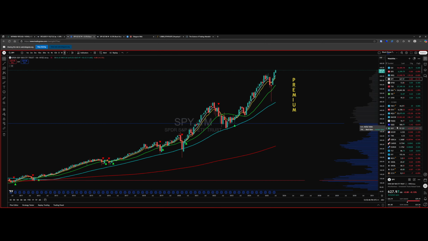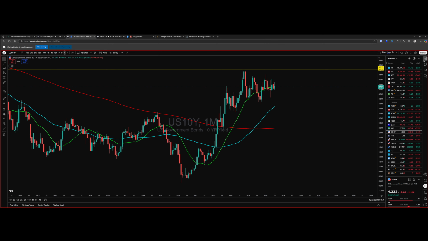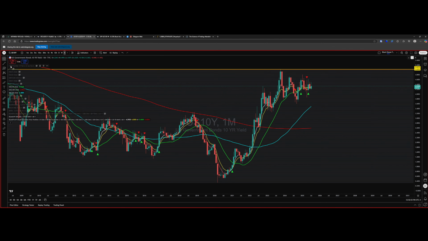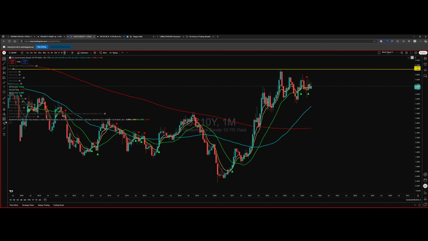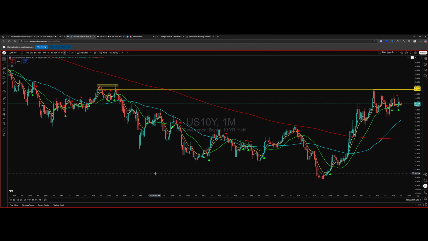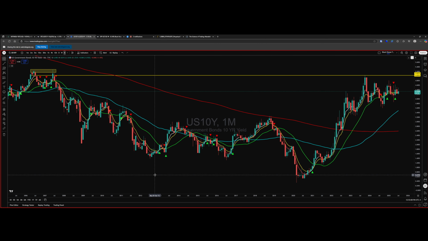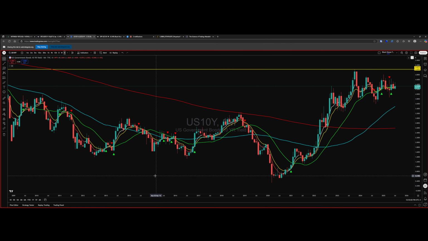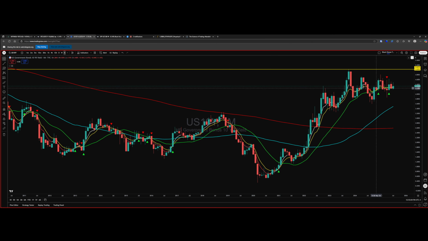I am looking for the 10-year. Sorry, take the volume profile off. Okay. So, this is the 10-year U.S. government bonds. Now, does this chart in some senses not look unlike the Bitcoin chart that we looked at where price just went sideways after a big move up?